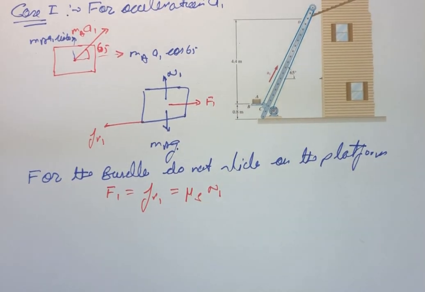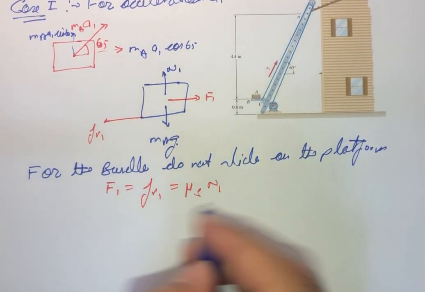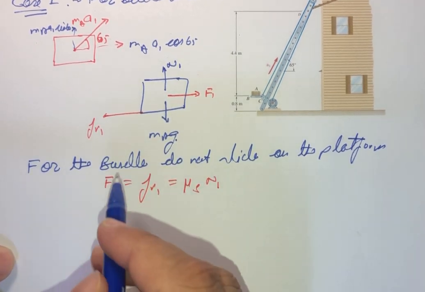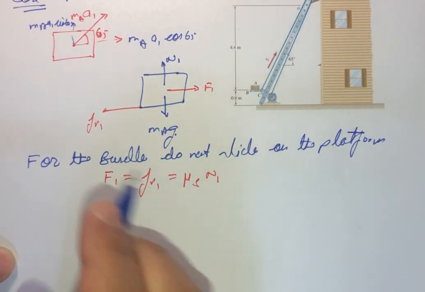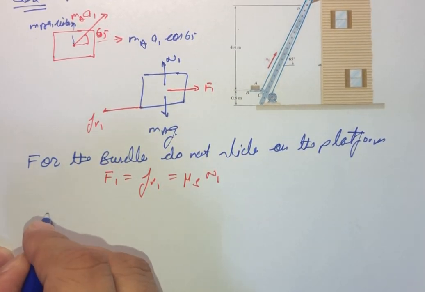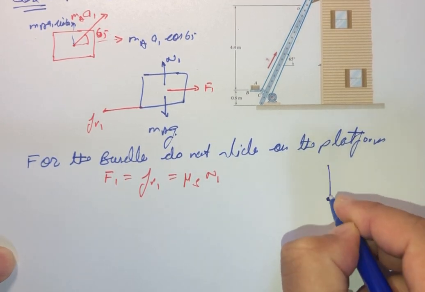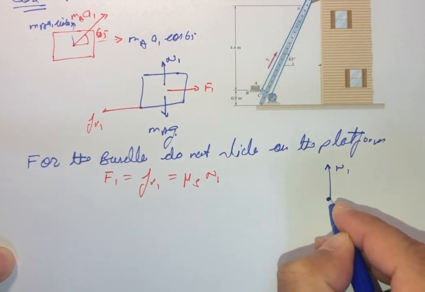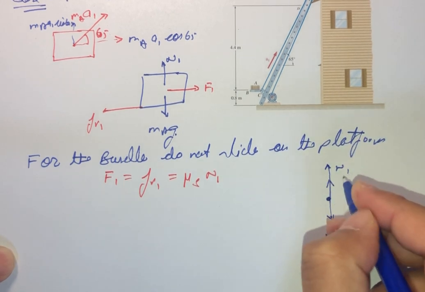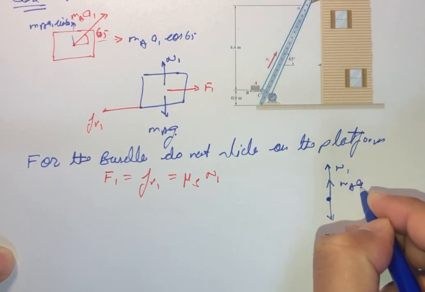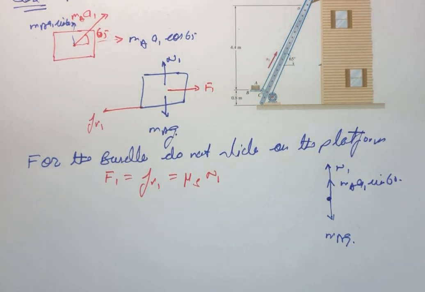We can also write the equation. Let us represent it by a dot. So this will be N1, and we have M_A g in the downward direction. In the upward direction we also have M_A A1 sine of 65.